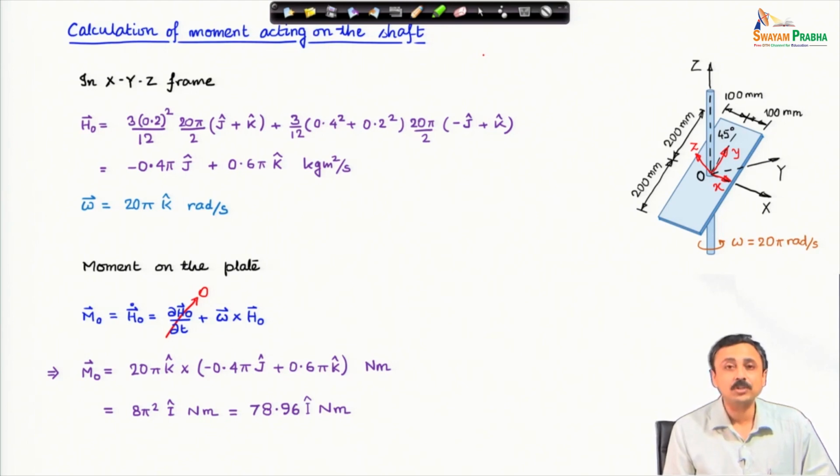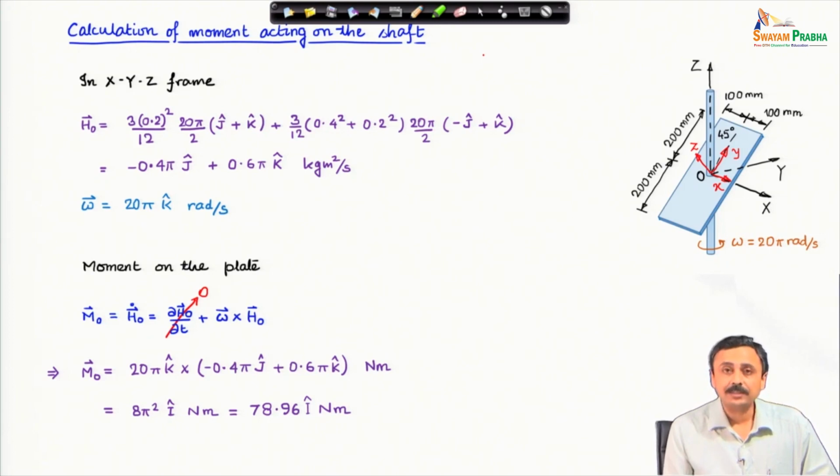This much moment acts on the plate to maintain its configuration. As it rotates, to maintain this bent or 45-degree angled configuration, it requires a moment of 78.96 I cap, which is a moment about the x axis.